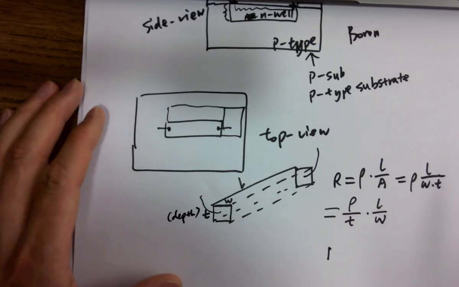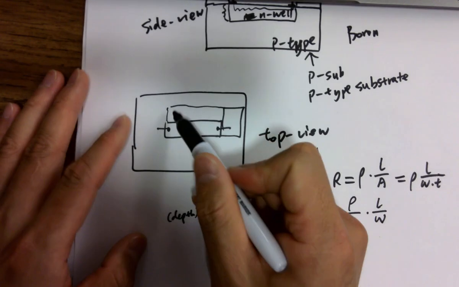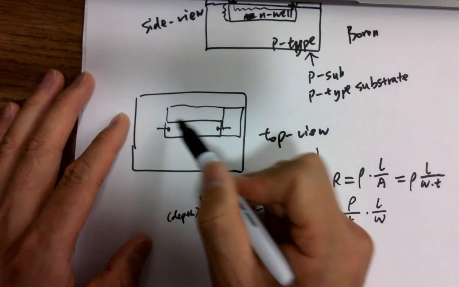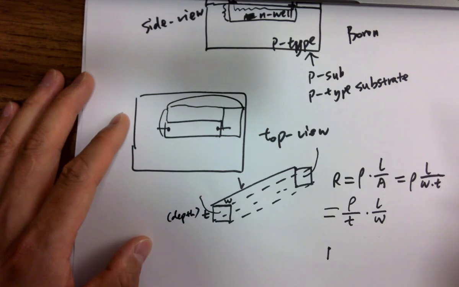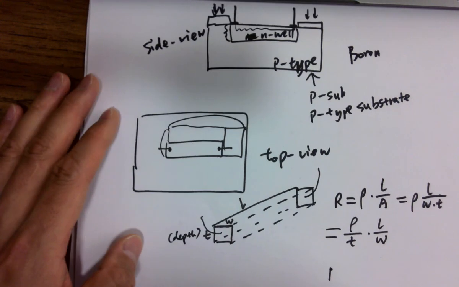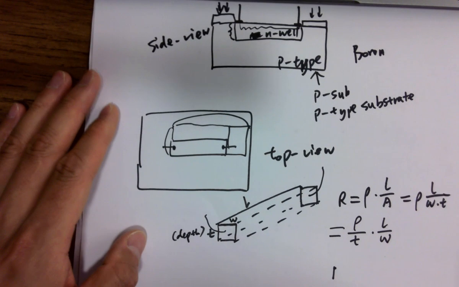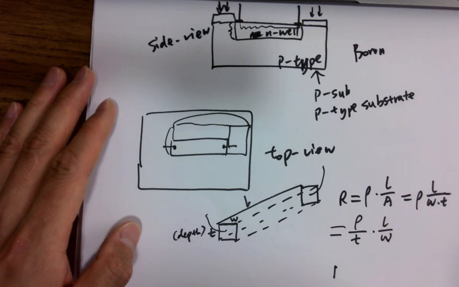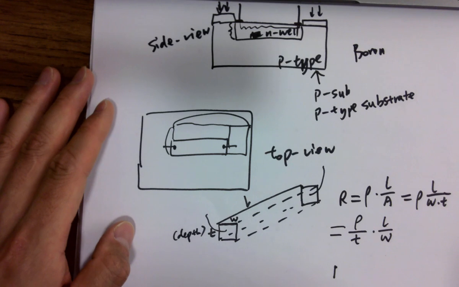My question for you guys is, when I'm doing a layout in electrical VLSI, which dimensions am I changing? What are the dimensions that are being changed? It's the length and the width, not the thickness. Yes, length and width.